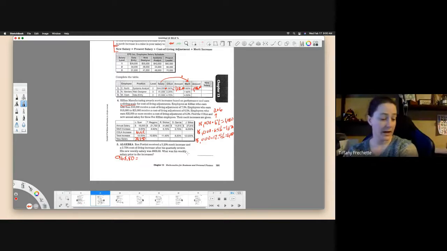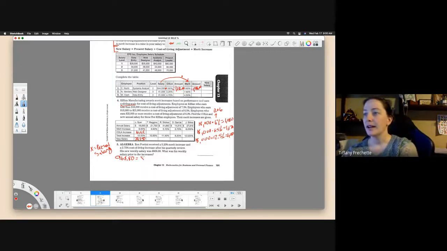We don't know that. So we're going to give it a variable. And in this case, I'm going to say present salary, because that's the way they use it in the equation up here. So present salary. I used X. You could have used P or S, or whatever you wanted to use there.